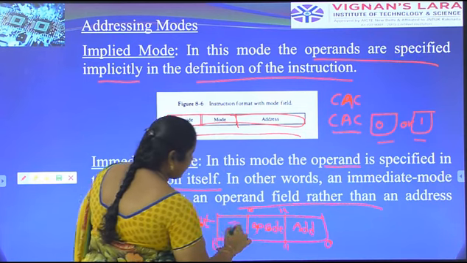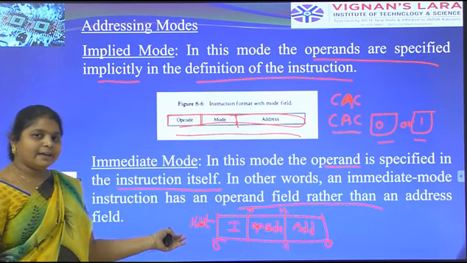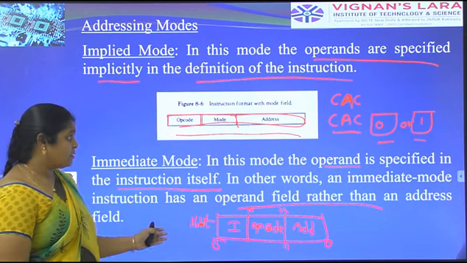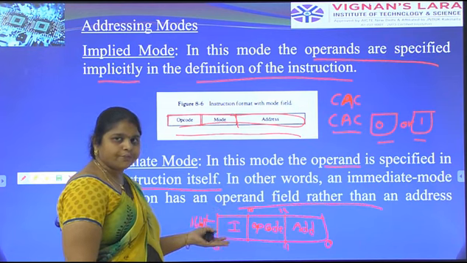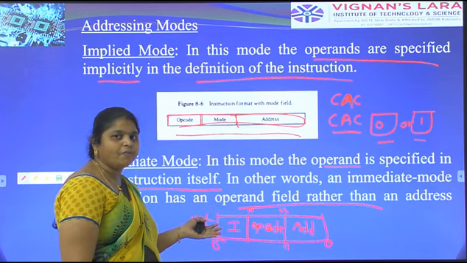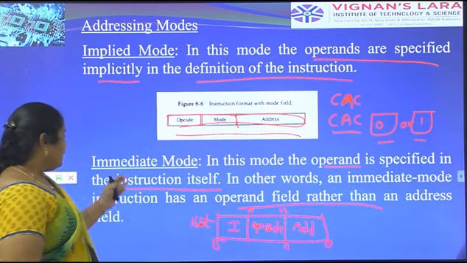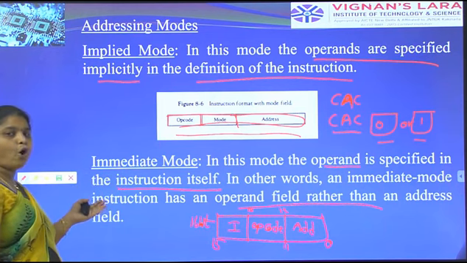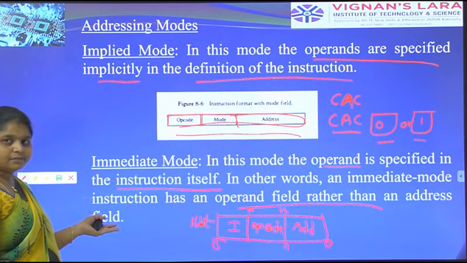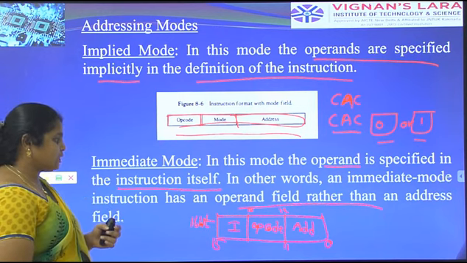Next, I specifies whether it is a direct or indirect address. The mode of the instruction is specified with the help of I. In immediate mode, we specify the effective address of that register using this instruction format.